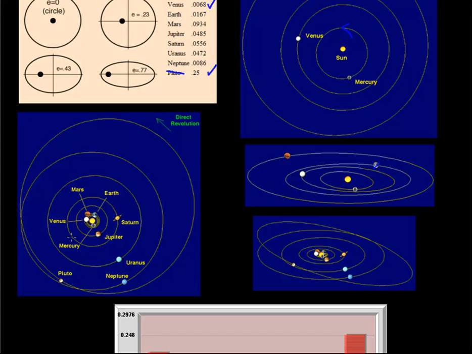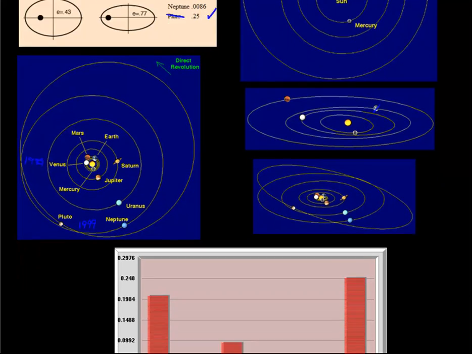And here's another problem with Pluto. Between 1979 and 1999, for those 20 years, Pluto was actually closer to the Sun than Neptune. And we can't have planets crossing each other's orbits.